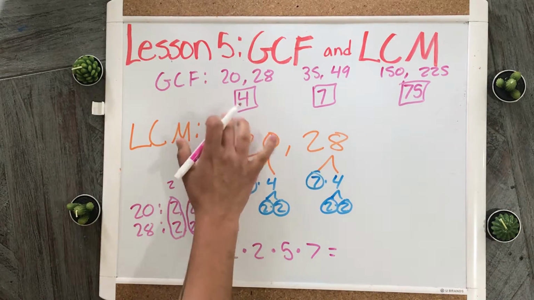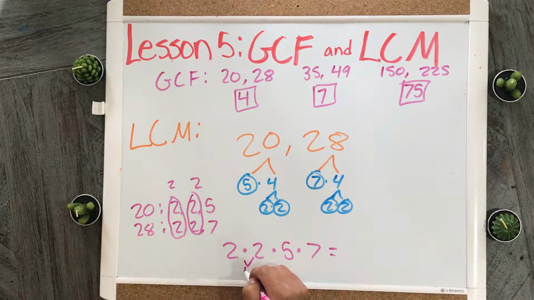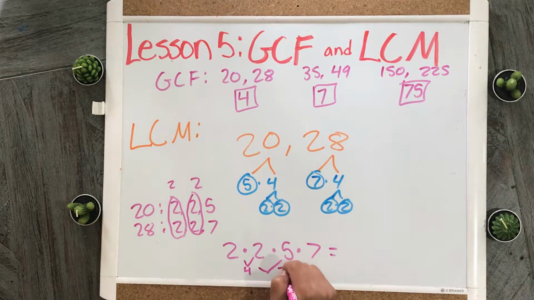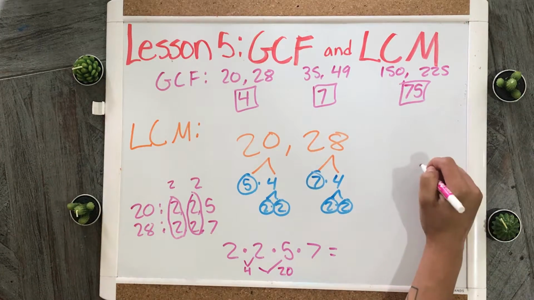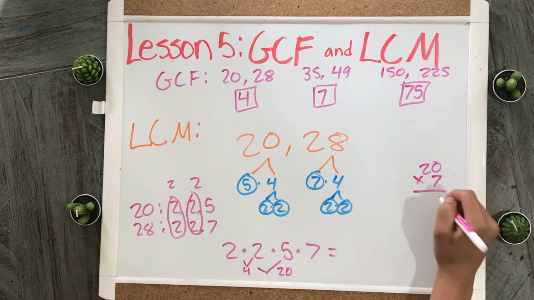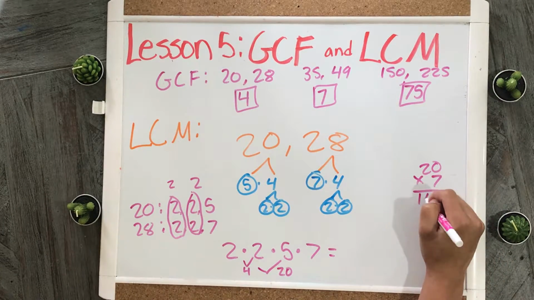So obviously this number will be larger than this number. 2 times 2 is 4. 4 times 5 is 20. Now let's go off to the side and figure out what 20 times 7 is. 20 times 7. 7 times 0 is 0. 7 times 2 is 14.